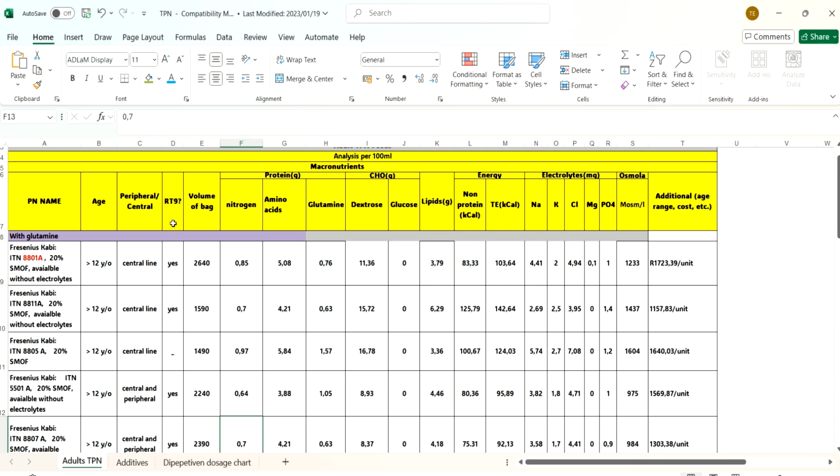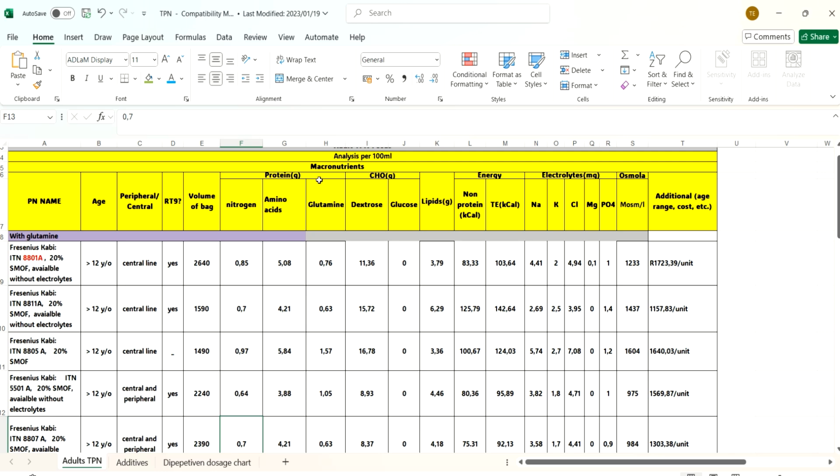Whether it's on the RT9 tender, the volume of the bag is important as well, especially when calculating your patient's requirements, etc., and how much you're going to run it per hour, whatever it is. And then your protein, carbs, and lipids.